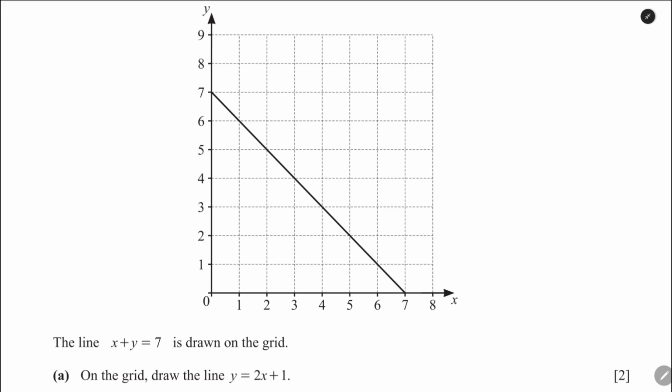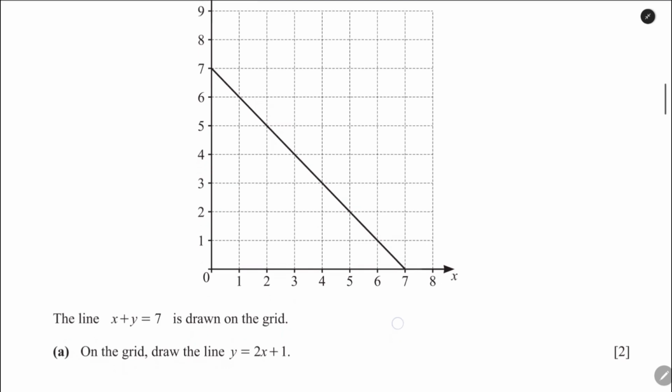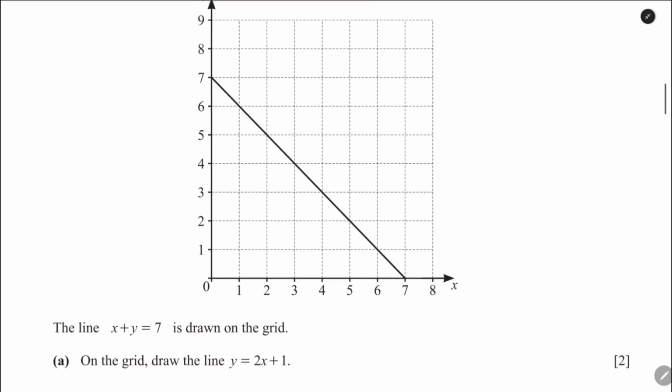Now, if you compare this equation to the general equation of a straight line, y equals mx plus c, where m is the gradient and c is the y-intercept, then the equation we've been given is y equals 2x plus 1.